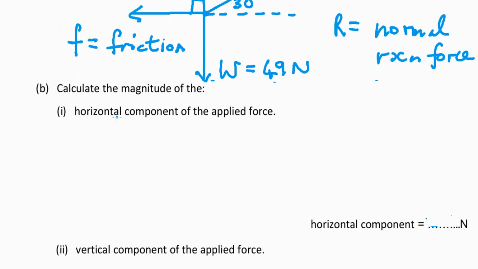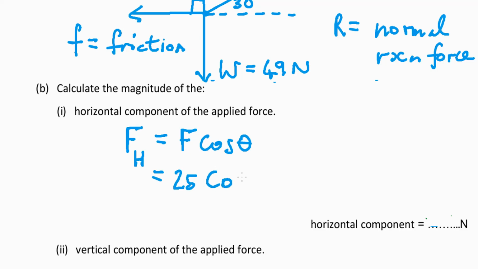Then in B1, we have to find the magnitude of the horizontal component of the applied force. So we want FH. And we know FH is F cos theta. In this case, F is 25 and theta is 30 degrees.